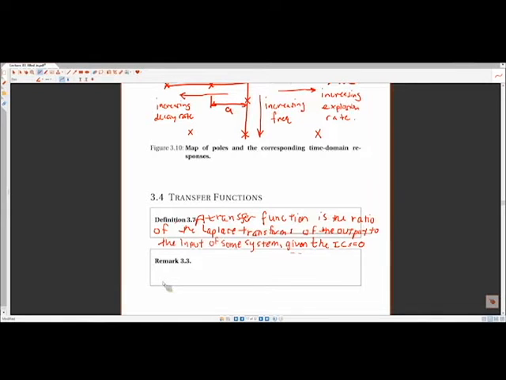I'm getting better. Okay, and then to make a remark, we're going to say notice transfer functions purely depend on the system parameters.